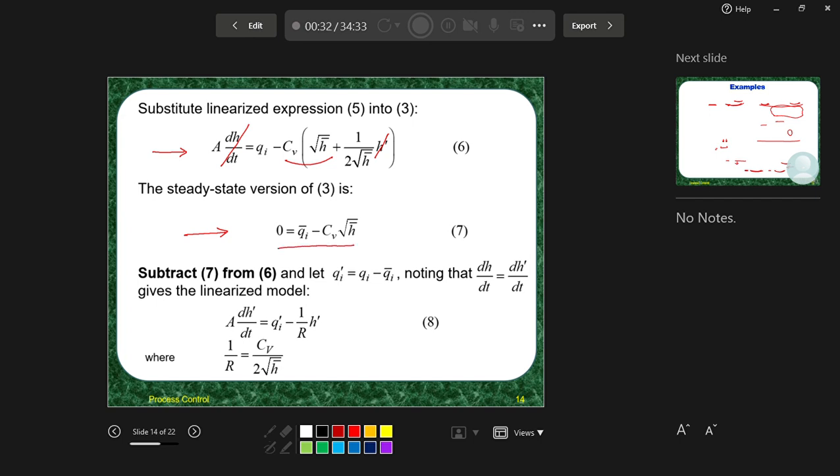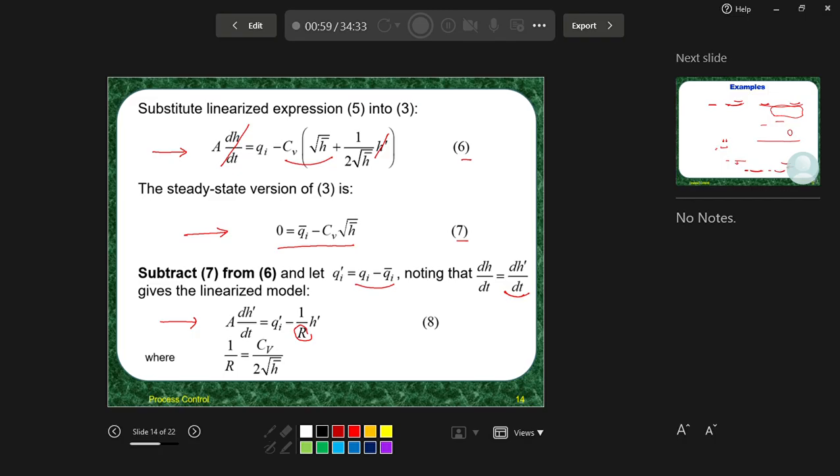Now, subtracting equation 7 from equation 6, you will end up with this form, knowing that the perturbation variables are defined and also the differential term is substituted with its perturbation form. R here is the same R that we have defined before, CV divided by square root of h bar.